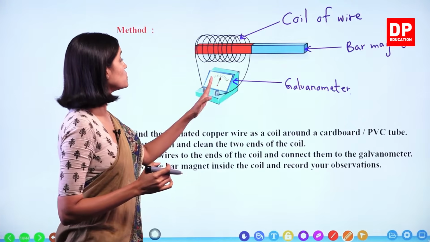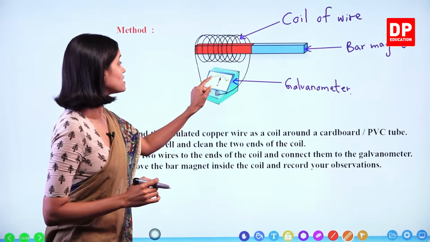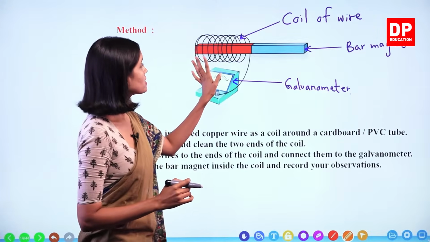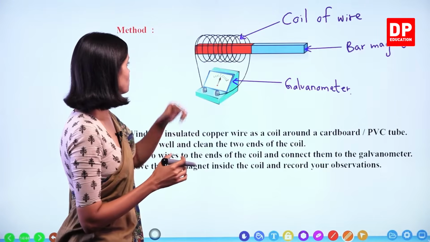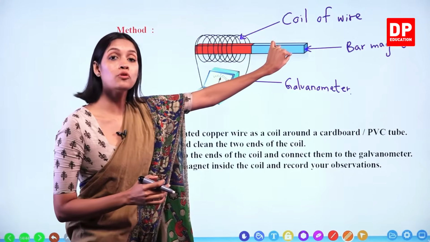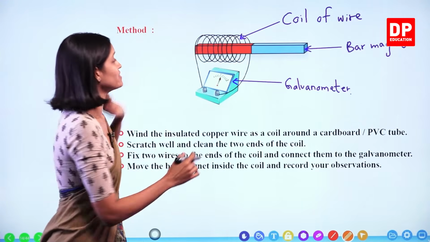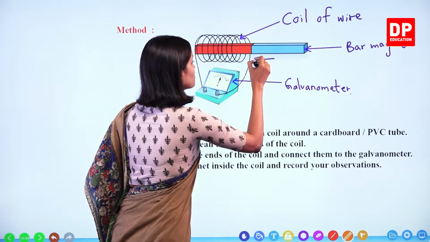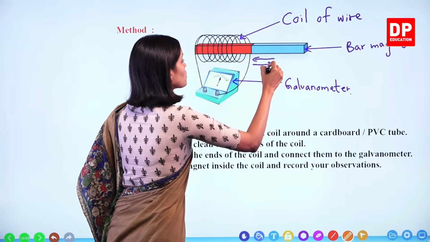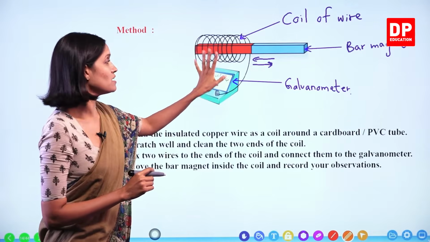So we are going to use a center 0 galvanometer. Center 0 galvanometer, 0 is at center, right? So what do we have to do? We have to make the setup like this. Then you have to move the bar magnet in and out of the coil of wire, right? So you are going to observe what happens.